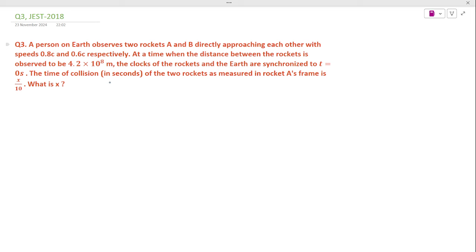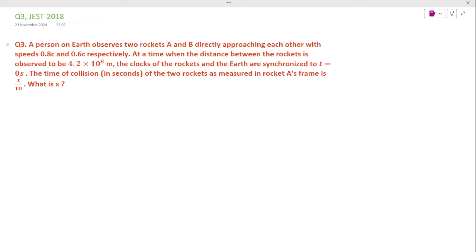The time of collision in seconds of the two rockets as measured in rocket A's frame is x by 10. What is the value of x? We just have to find the value of x.